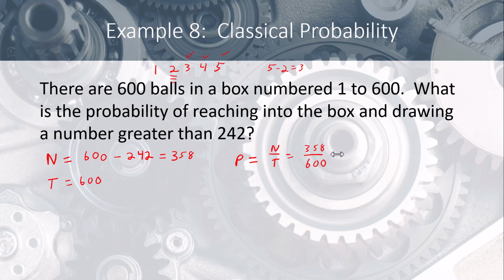And of course, we have to reduce this fraction. There was a common factor there. And it turns out that this reduces to 179 over 300. And of course, you can also write that as a decimal, which would be 0.5967.